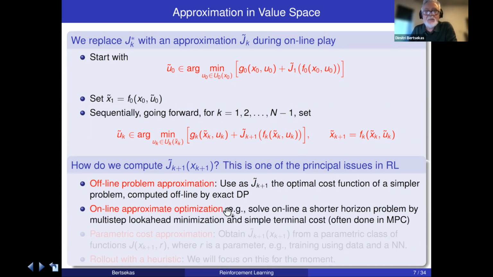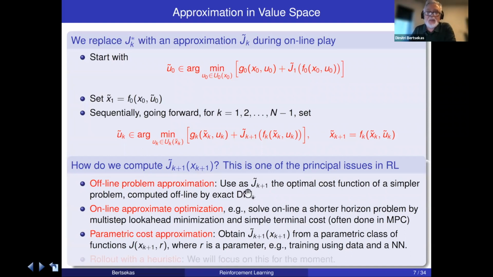In this type of method, we consider a version of the problem over a shorter horizon, and then perhaps use some look-ahead for multiple steps, and also use a terminal cost function approximation at the end. And this is the principal type of method that's used in MPC, model predictive control.